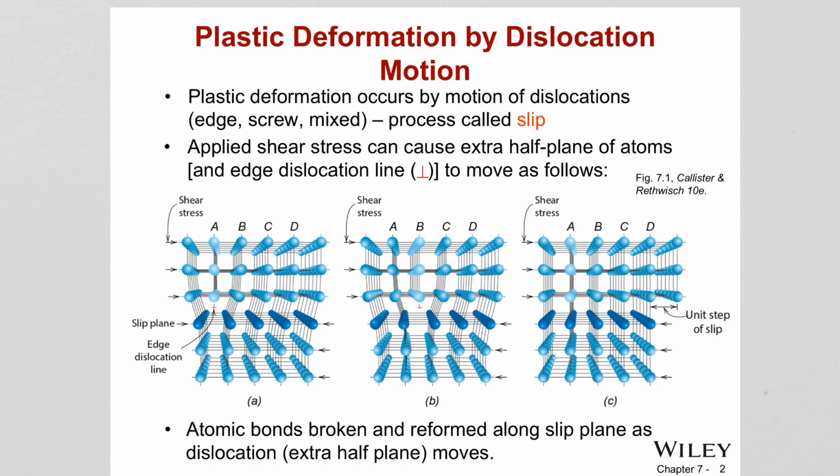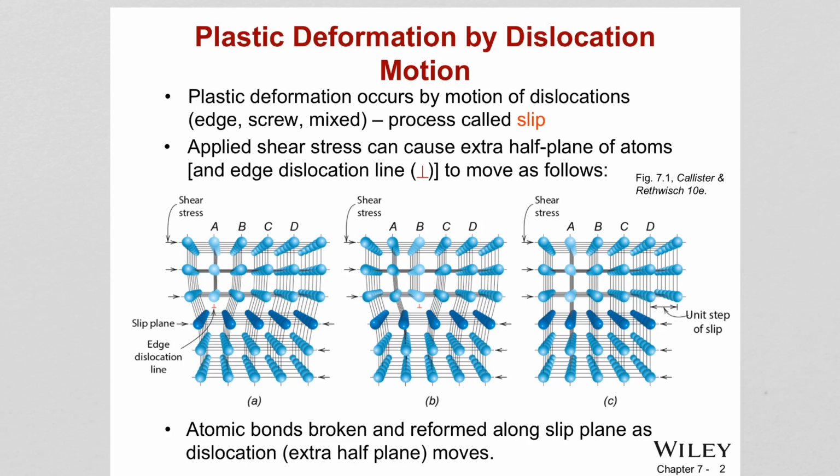So in figure A, we are seeing the edge dislocation, and we now know the dislocation line. We are also shown the slip plane, where the slip of this dislocation happens. In order for the dislocation to move, you need to apply shear stresses.